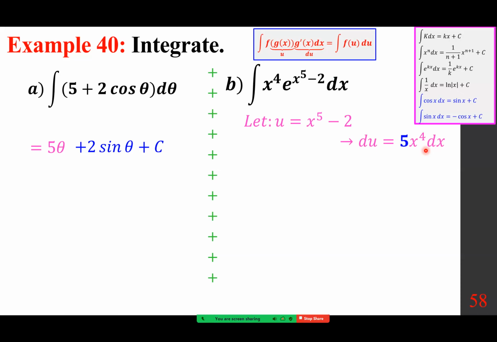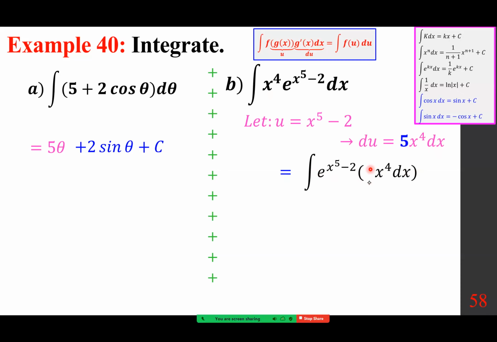I want you to pay attention to the easy way that I'm going to show you. I'm going to move x to the power of 4 to dx, and the first thing I notice is that I have everything except the number 5 there. Because 5 is a number, I can do that. If it's not a number, I can't. If it involves a variable, I can't.